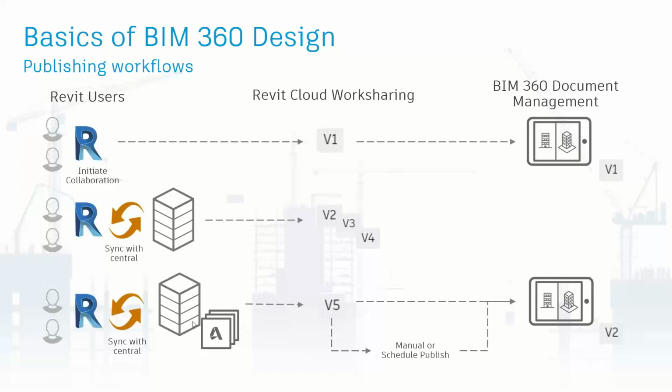They are able to publish, if you remember the term publish, via the cloud, the sets of sheets, drawings, and schedules that they want to publish to BIM 360 for the rest of the stakeholders. So the rest of the stakeholders can access them through a mobile app.